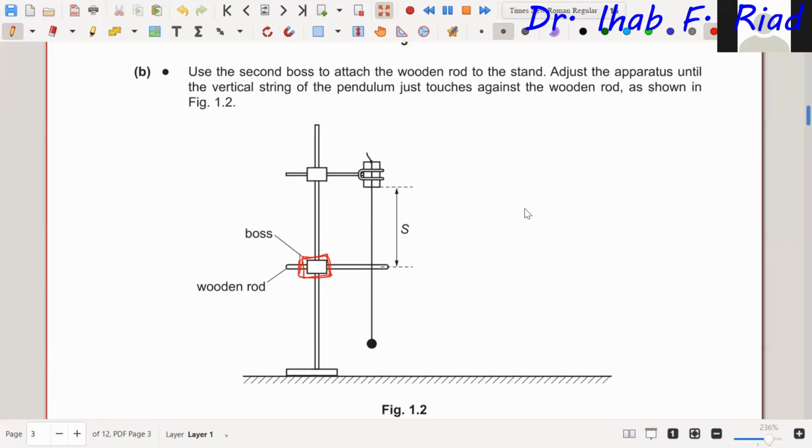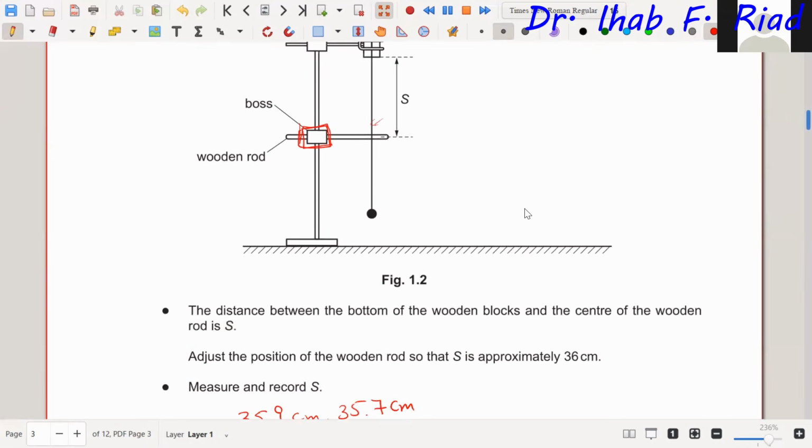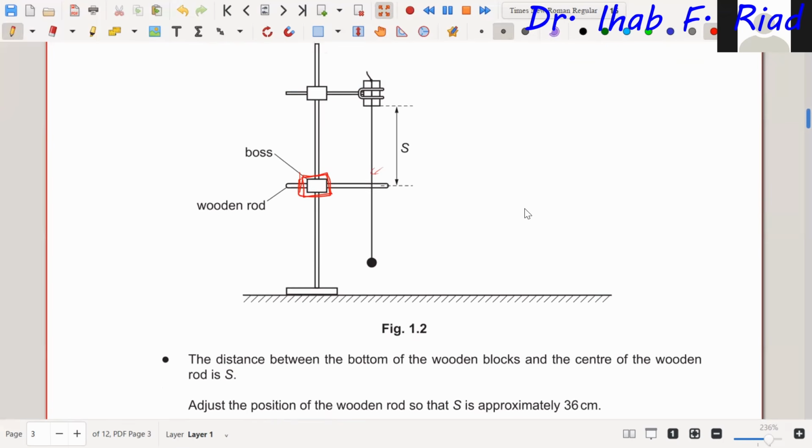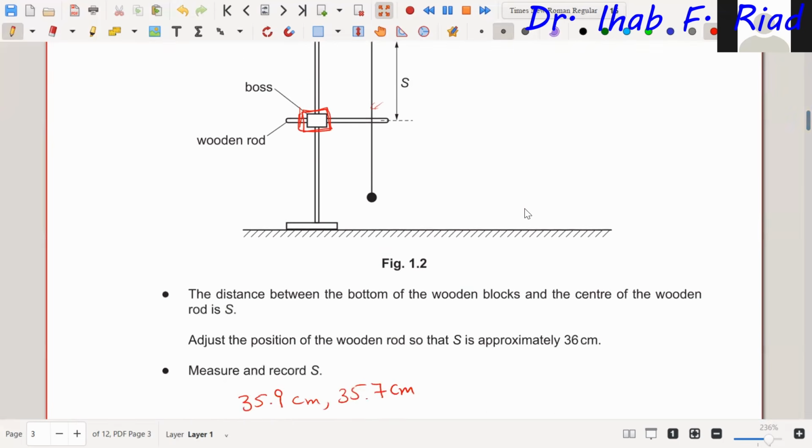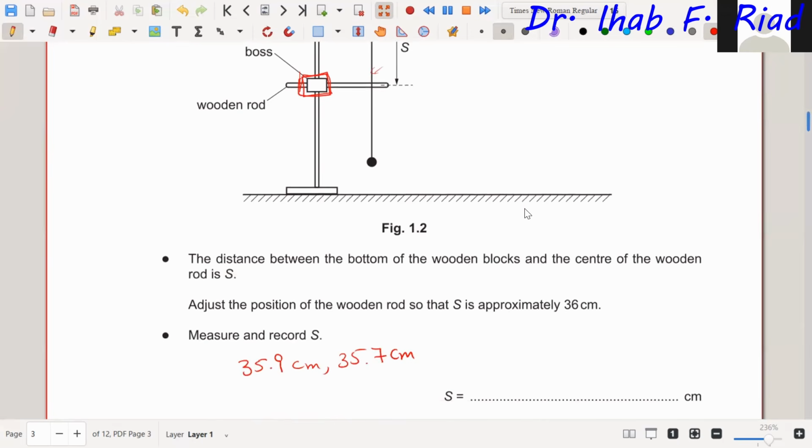So this is our pendulum, and we have this wooden rod attached to the stand, and we are just going to move it slowly until it just touches the string. It is very important in this paper to follow the instructions very closely. You need to be very careful with this paper.